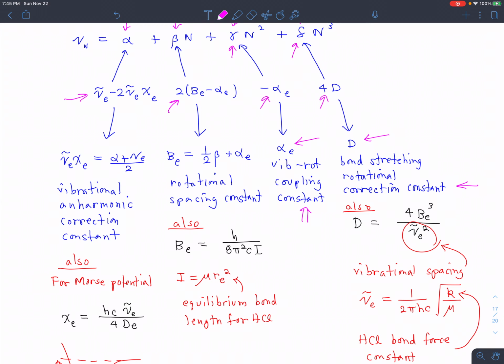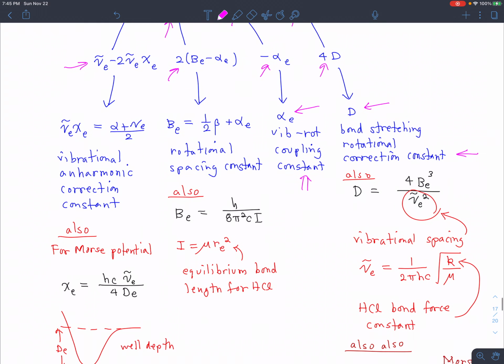The first order coefficient gives you this quantity, but now that you've got alpha sub e, you can solve it for b sub e, which is the fundamental rotational spacing constant. This is beta here, and so you've got beta, you've got alpha e from the second order coefficient, and you can get b sub e.